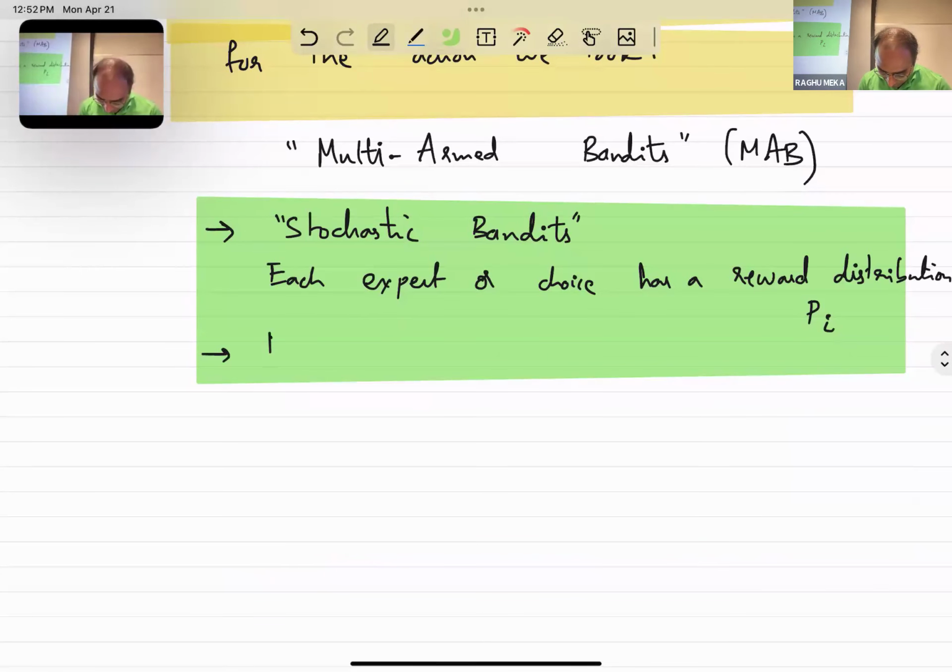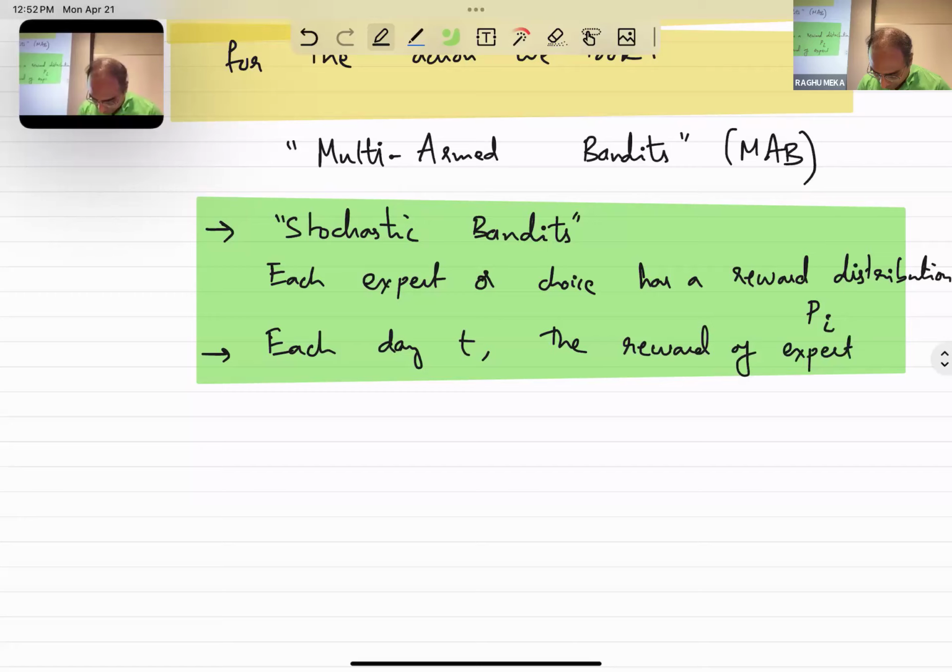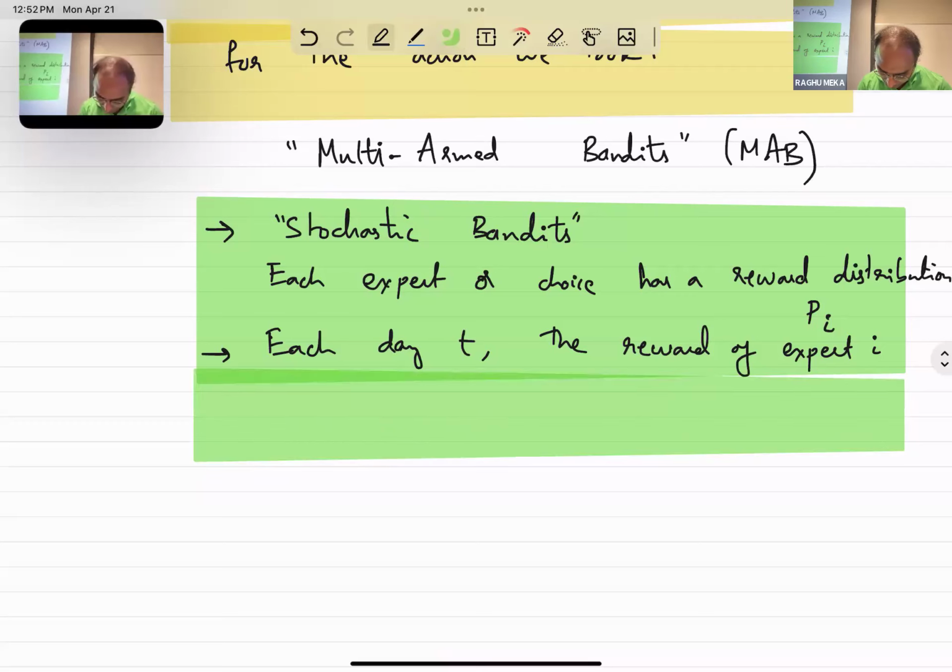And each day t is a sample from P_i, an independent sample.